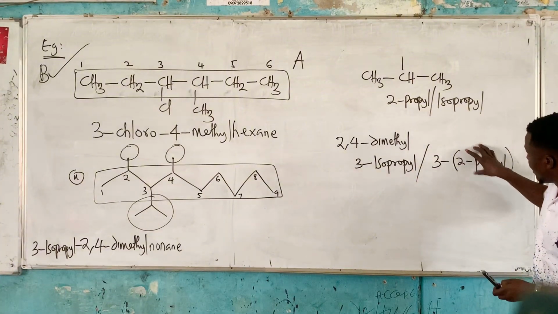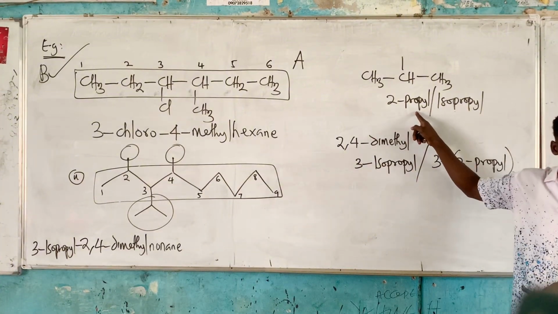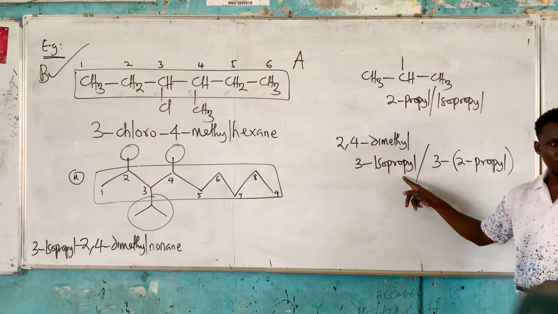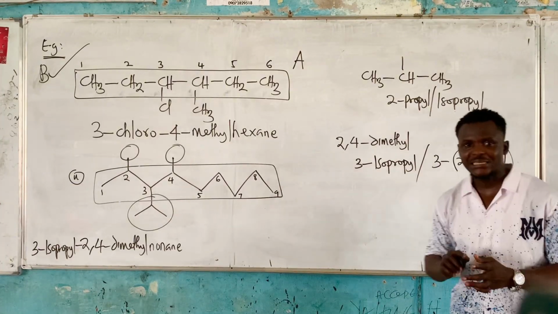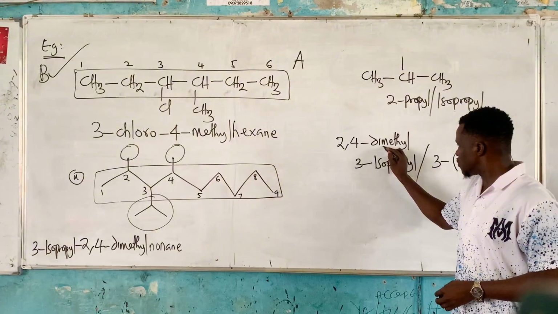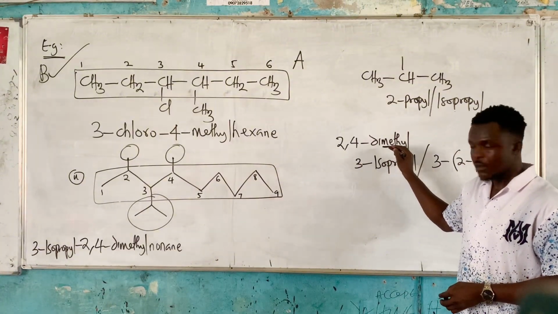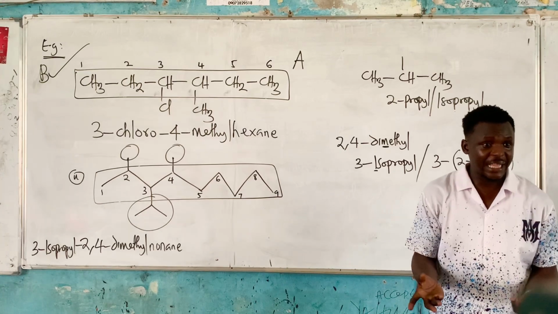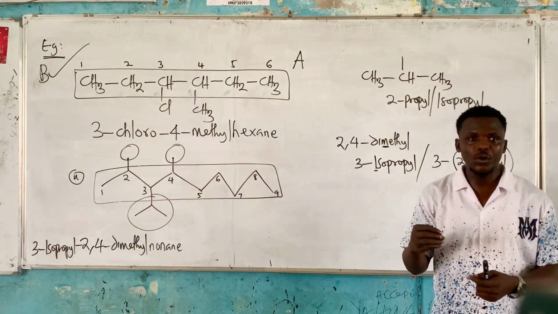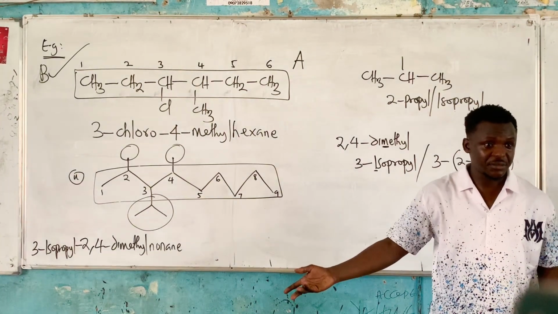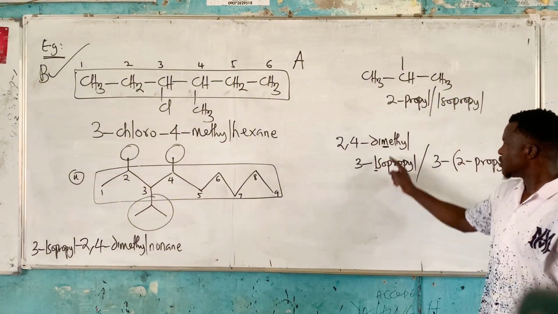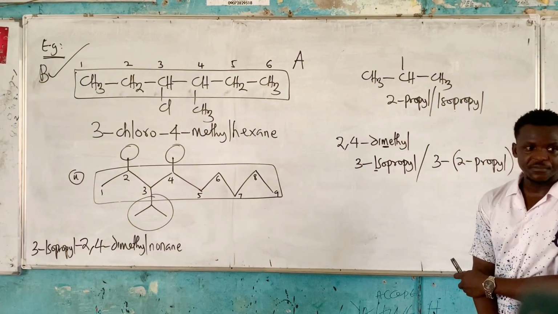And remember, isopropyl is the same as 2-propyl. So to avoid confusion, we can stick to isopropyl. Now, alphabetically, I'm going to consider N and what? ISO can be considered, because ISO is the name of that guy, unlike di, which was just telling us how many times it is appearing. So ISO can be counted. I'm very certain about that. So N and I, which one comes first?